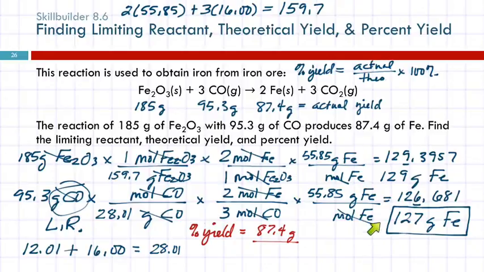It's better to use extra digits, the 126.681 in this calculation, instead of rounding it, to avoid rounding errors. 126.681 grams, that only has 3 sig figs, times 100%. 87.4 divided by 126.681 times 100.